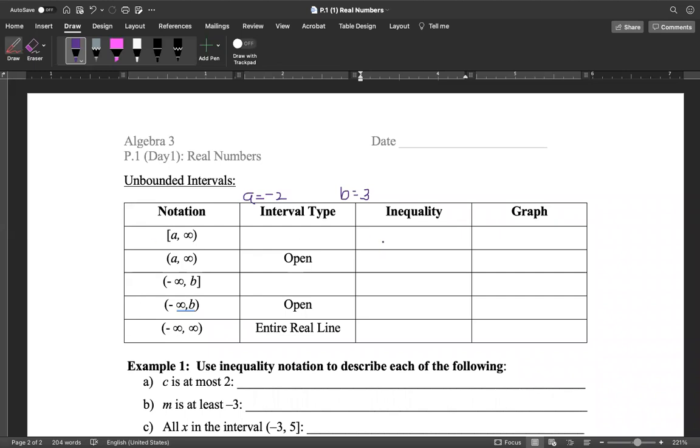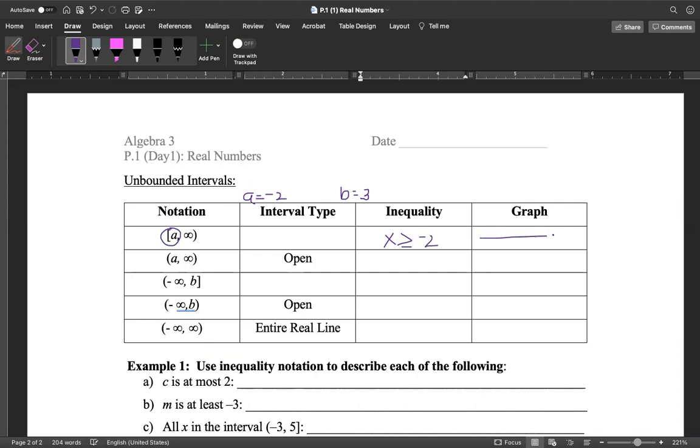So if I just have an infinity, I'm going to have just one inequality. Okay, and if it's going to positive infinity, that means it needs to be greater than. And in this case, because I have that bracket there, it's going to be greater than or equal to, and a is -2.